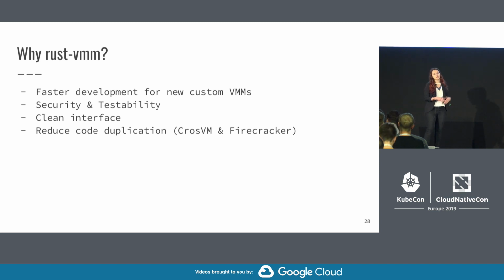You don't have to re-implement everything again. You don't have to work on KVM wrappers or Virtio and so on, because these components already exist, which means you can focus on the key features of your product instead of re-implementing everything from scratch.